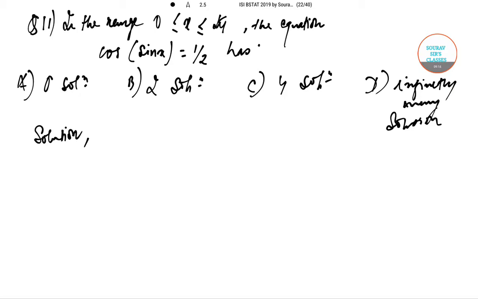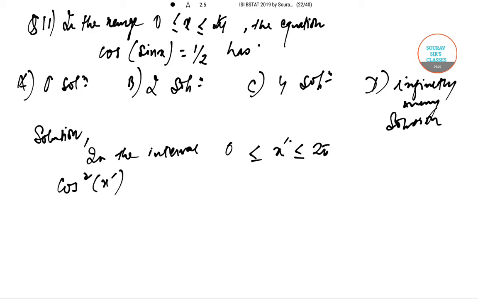In the interval 0 to 2 pi, cos x dash equal to half for x dash equal to pi by 3 and 5 pi by 3. We know half is when it is 60 degrees and 5 pi by 3.